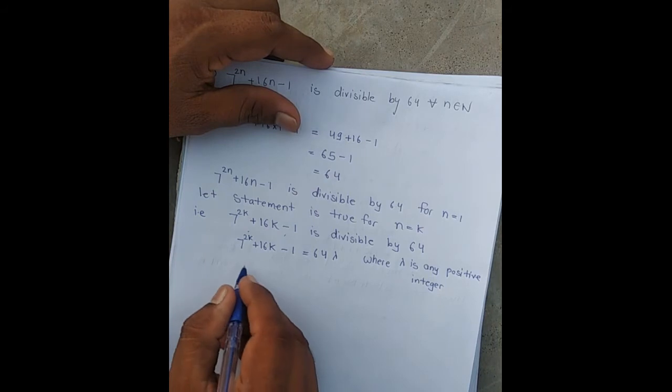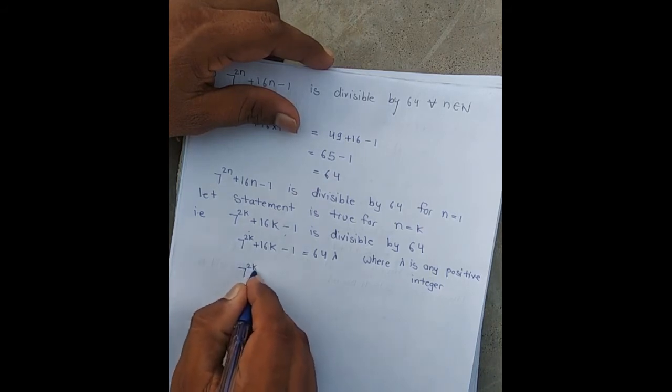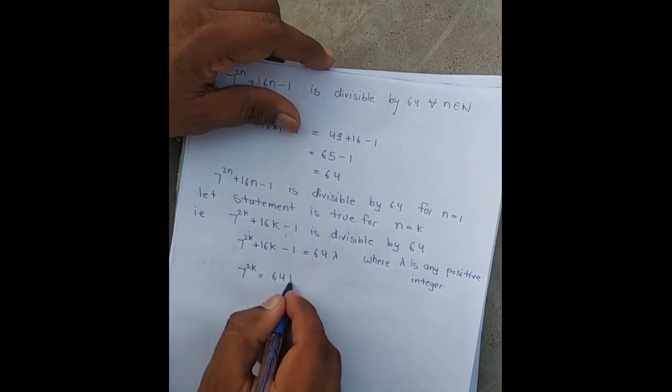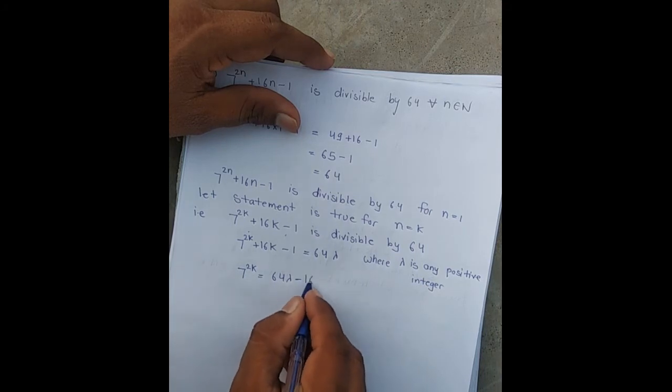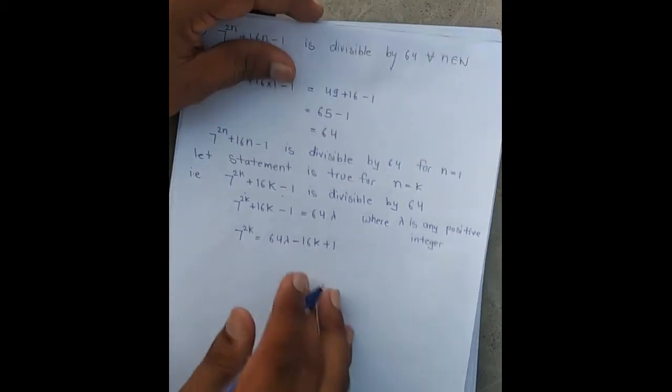Then the value of 7 to the power 2k is equal to 64 lambda minus 16k plus 1.